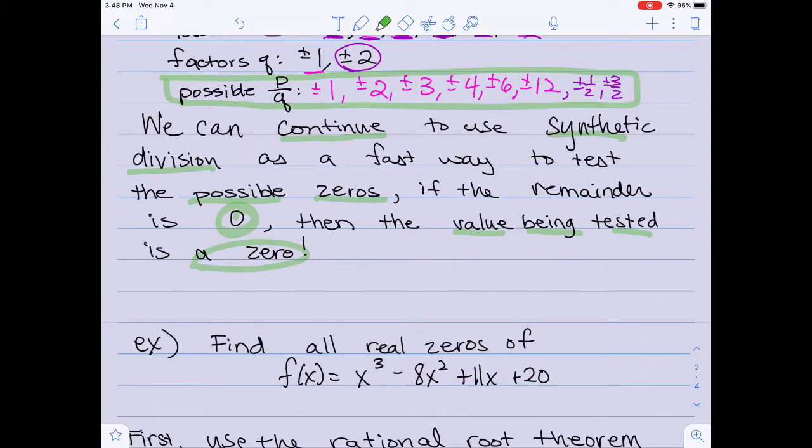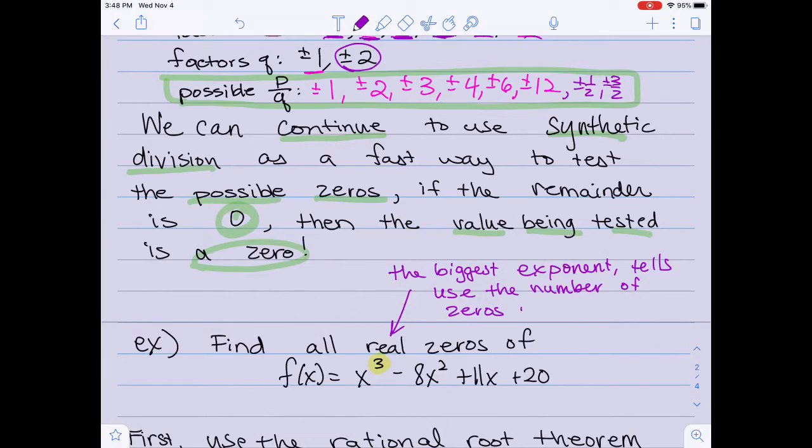Now keep in mind, here's a big hint. Everybody look. The biggest exponent tells us the number of zeros that we need to find.